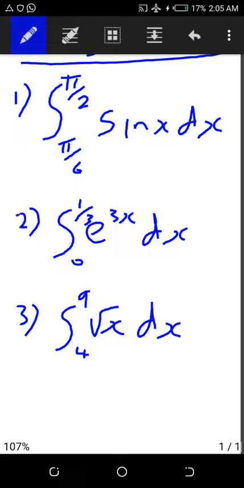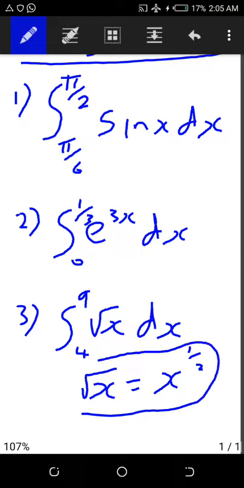Now for this number 3, I want to give you a hint. Remember that square root of x is equal to x raised to power half. Remember that. It's a hint. So where you are solving for that, remember that your square root of x is equal to x raised to power half.